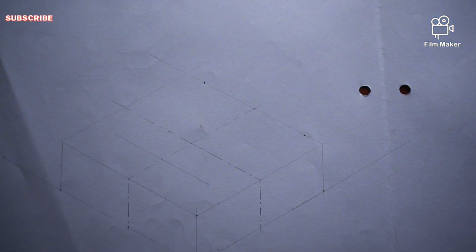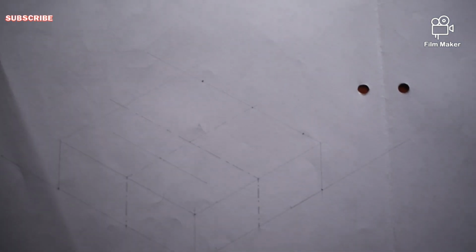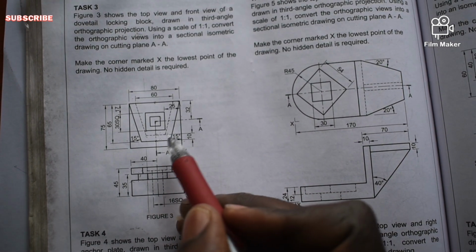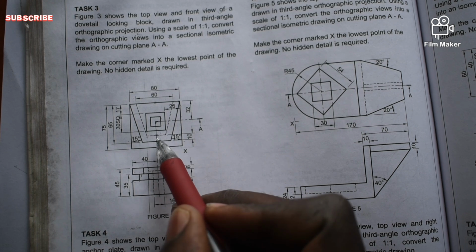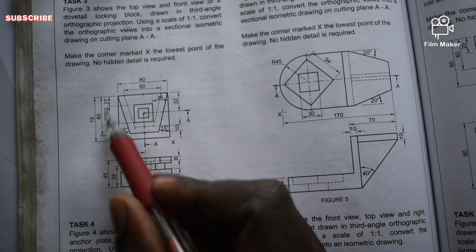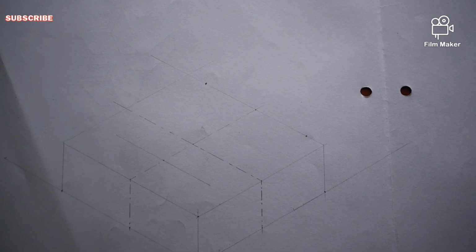So after getting that, this point now is the same as that point in my top view, you understand? So now we are going to move from here till here, which we know is 30, since they said it's 30 SQ, so it's the square of 30 millimeter, you understand?